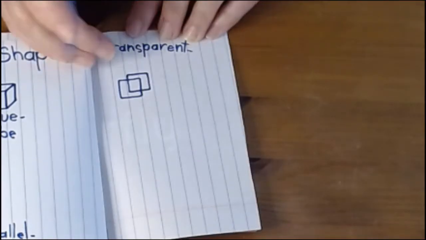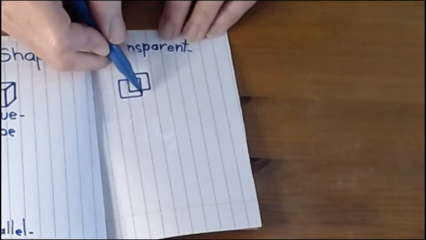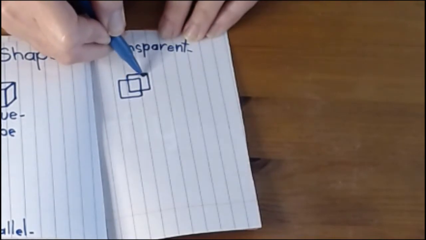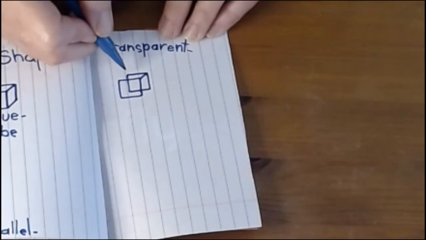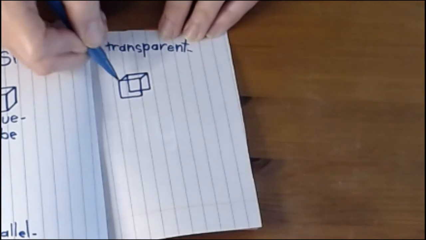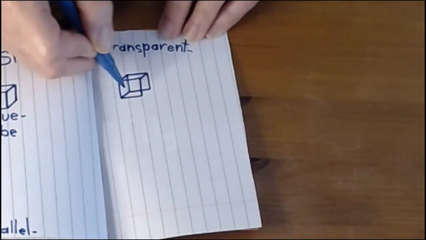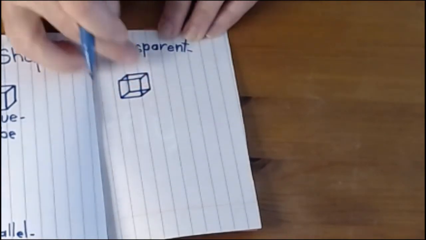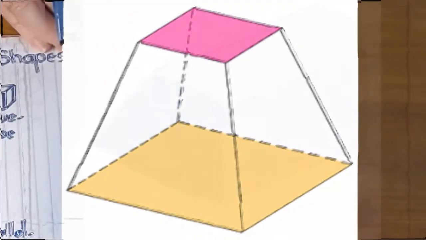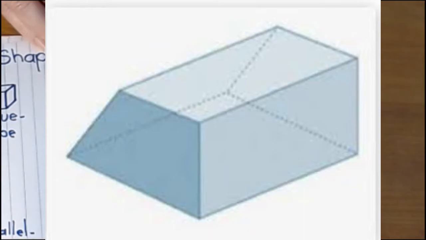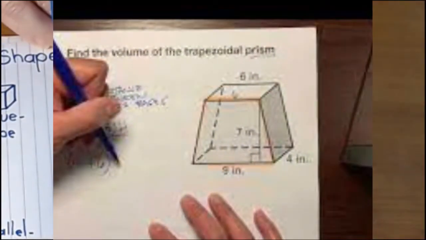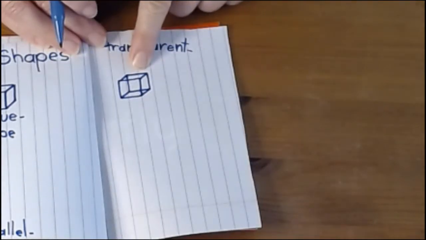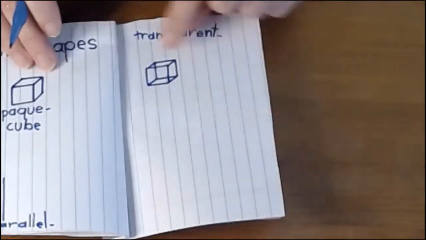And once you have that done, you will connect this corner to that corner, this corner to that corner. If you made your squares the same size, then the lines will be parallel. If you didn't, that's okay, because you've drawn another 3D shape. It might be a trapezoidal prism like the ones I'm showing you here. Just experiment. So there's our transparent cube. Great, so now we have 2 cubes.